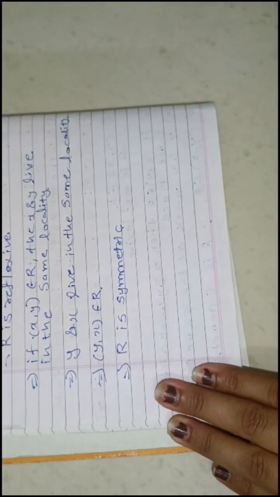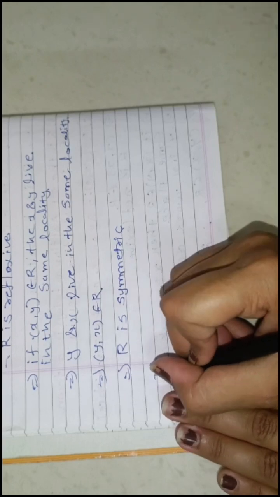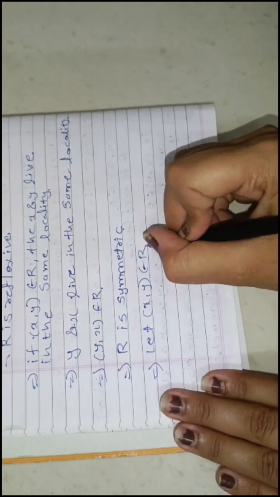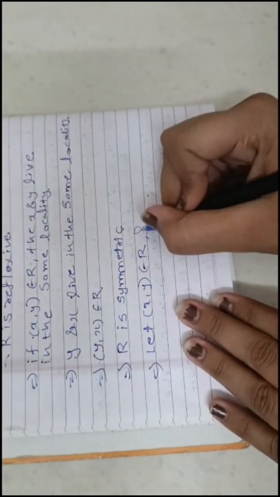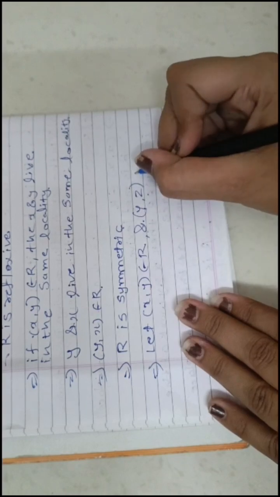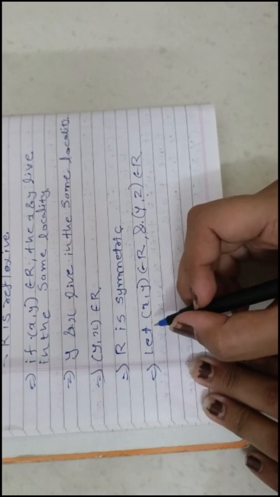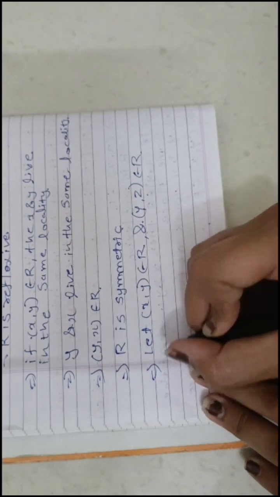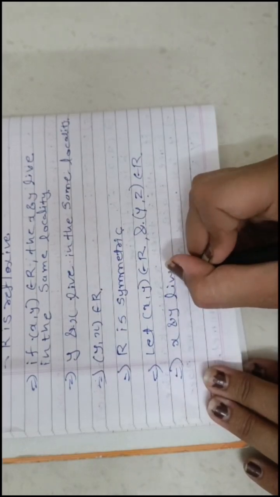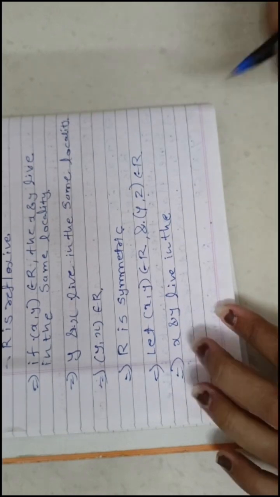Next, we are checking for transitiveness. Let (x, y) and (y, z) belong to R. It means x and y live in the same locality.